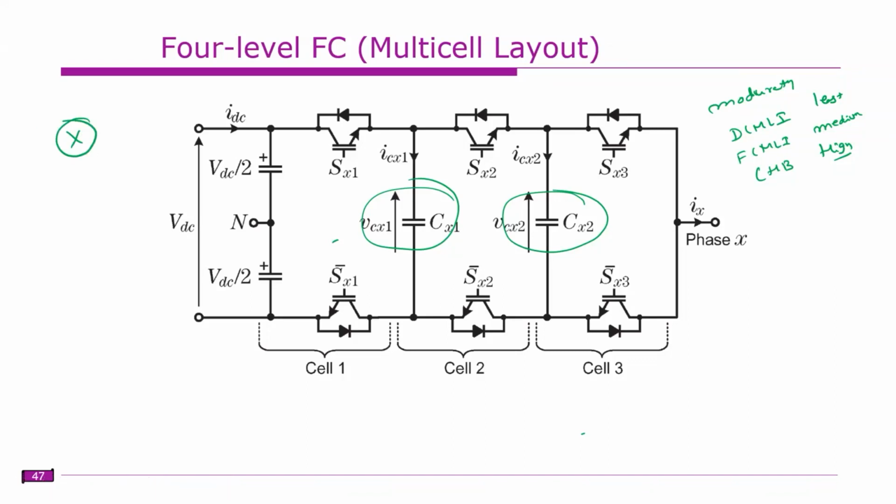So this topology is not suitable for all kinds of applications. There is a specific application which has a high number of uses, and that is traction drive. Traction drives, especially metro trains, where you have frequent stoppages, every 1 kilometer or 2 kilometers.